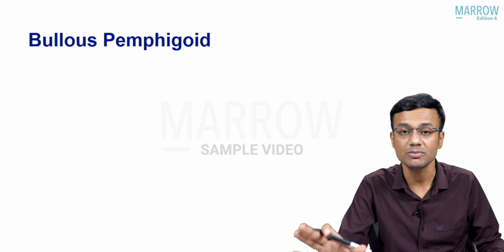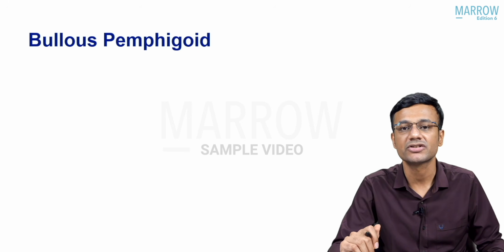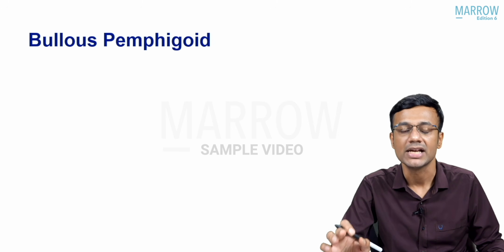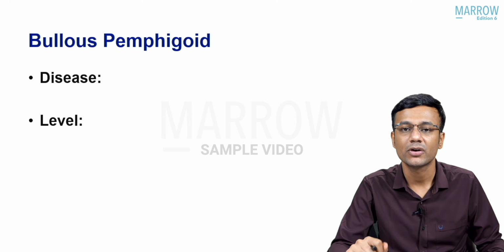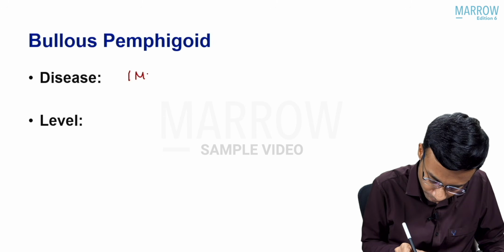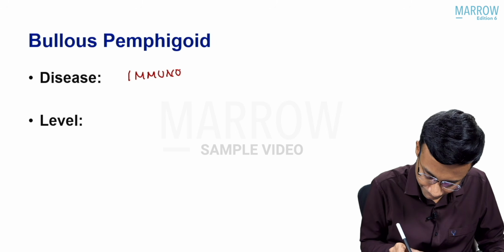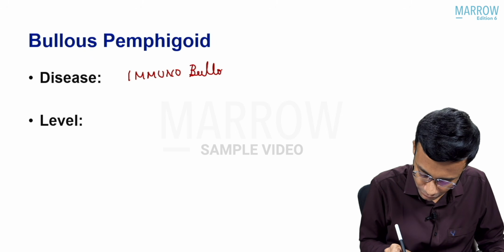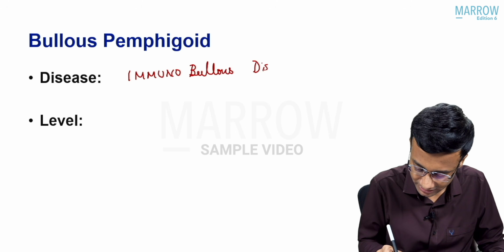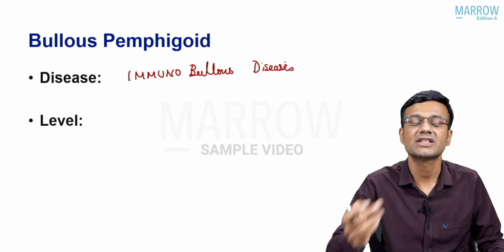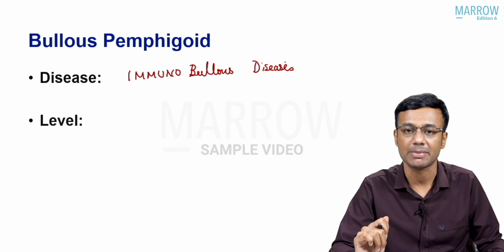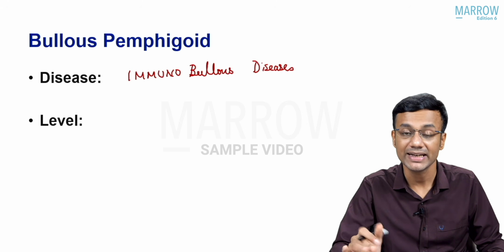So now let's take up the most important subepidermal blistering disorder, which is called bullous pemphigoid. Number 1, what is bullous pemphigoid? It is an example of an immunobullous disease. If you remember, we classified immunobullous diseases based on the level of the split, intraepidermal and subepidermal. What is bullous pemphigoid? D for deep.